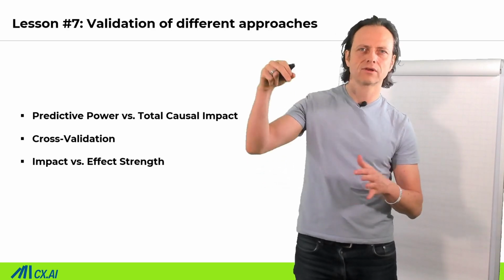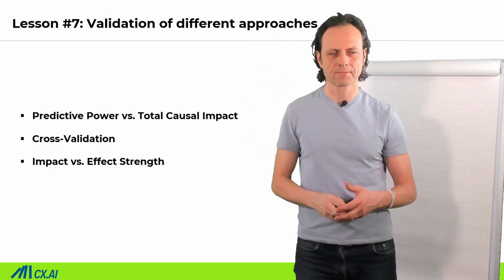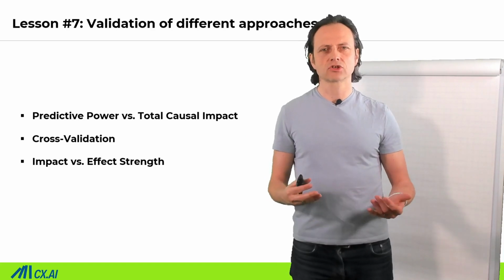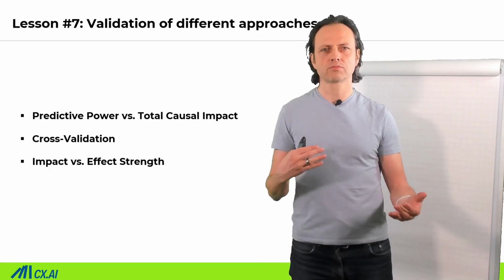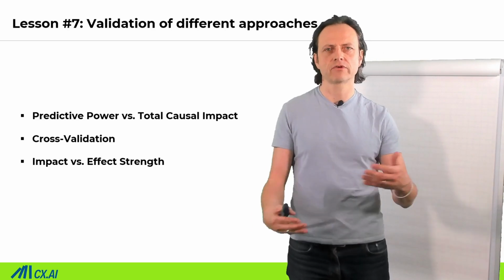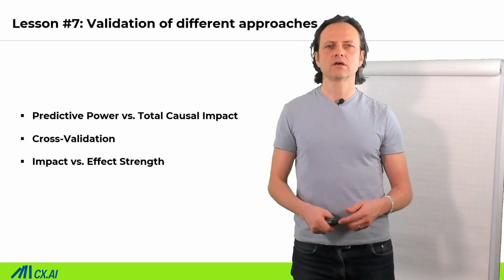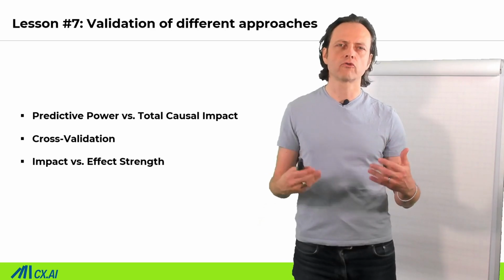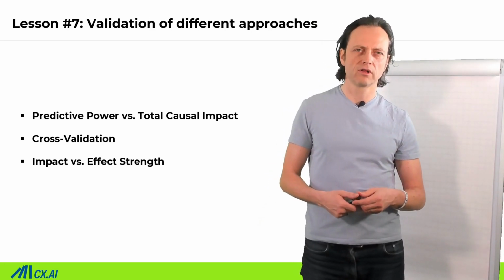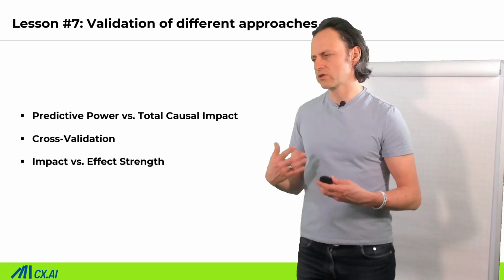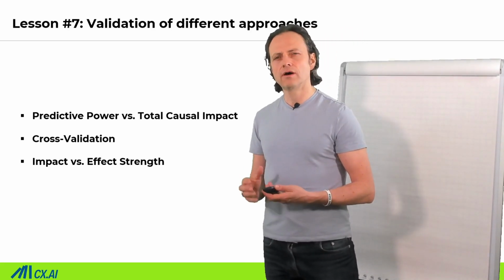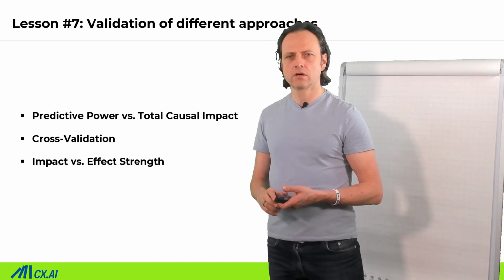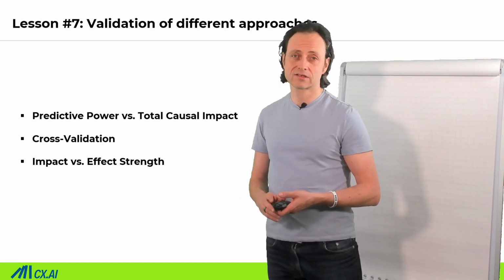You would need to simulate both at the same time. So there's a measure called effect strength, which simulates what would happen to the predictive power if I get rid of a variable. That's a placeholder to measure the overall importance of a variable in a model, and with this you can find the real importance of a variable, even if it has a low impact.